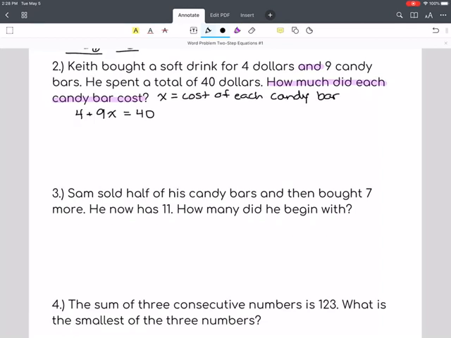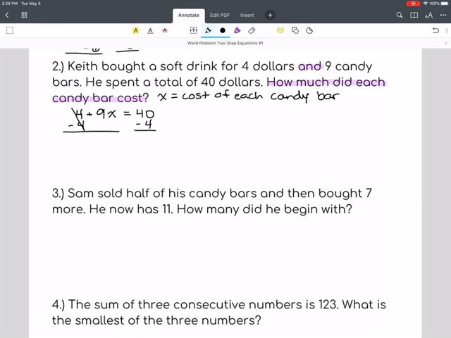All right, when you have a standard generic equation like this, you're always needing to get rid of the constant first. Remember, a constant is a number by itself. There's no variable with it. So in this case, I have a 4. It is a positive 4. So the inverse of a positive 4 is negative 4. So we will subtract 4 on both sides. 4 minus 4 equals 0.